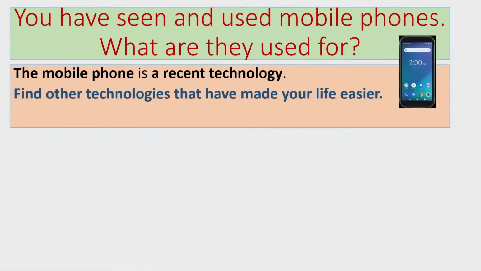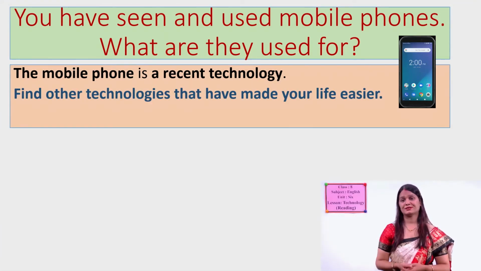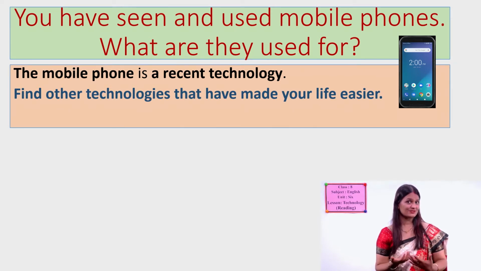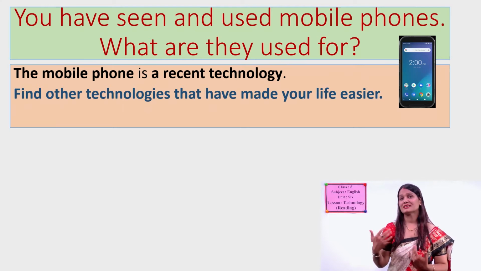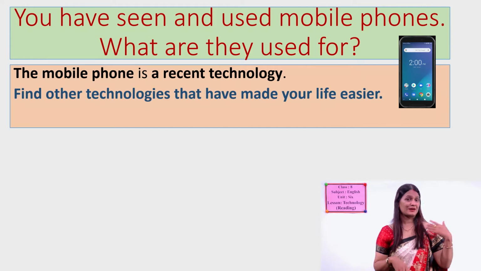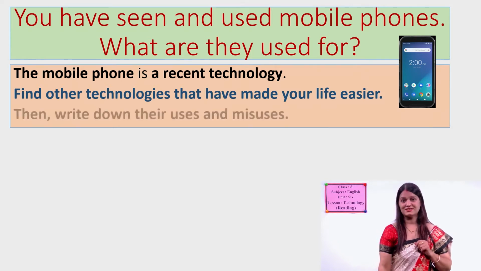So let's talk about some other technologies. Okay, maybe you have seen or you have used at home, and those things have made your life easier. Can you say yes? You can say that refrigerator, right? You can also say washing machines. Okay, you can say laptops, so many things, right?